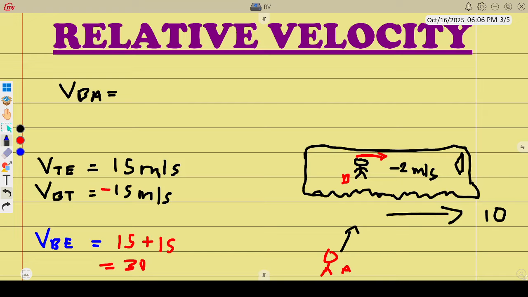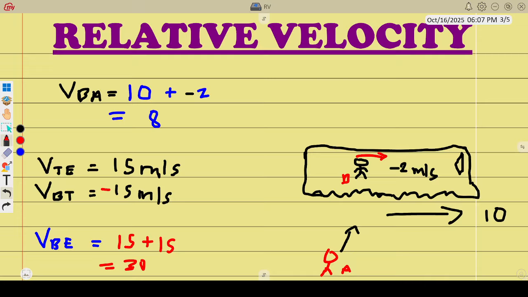So remember, we just add the two. This person is looking at two speeds, so I'm going to say 10, the speed of the train, plus the speed of this person, which is -2 meters per second. So we just write -2. So the velocity of B observed by person A is 8. We've just added the two.